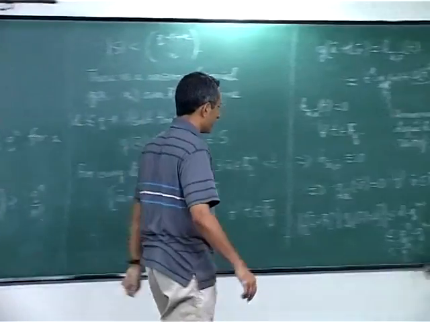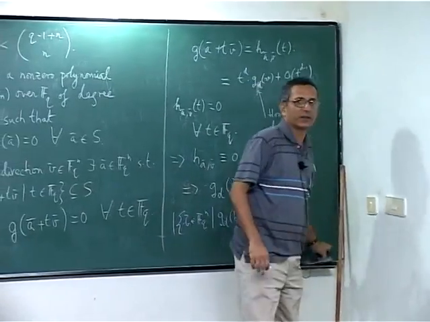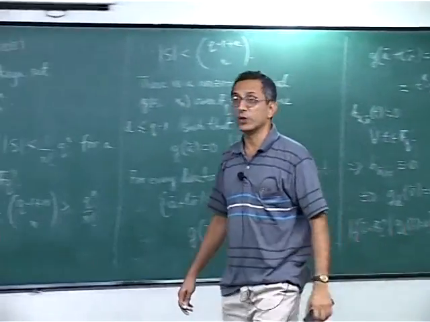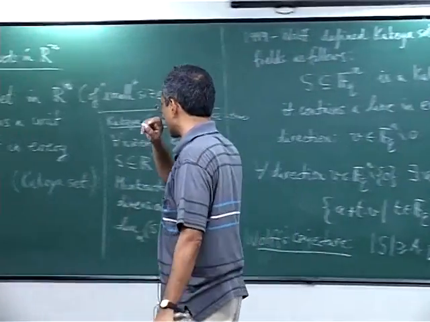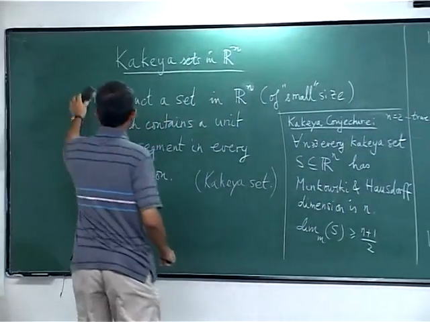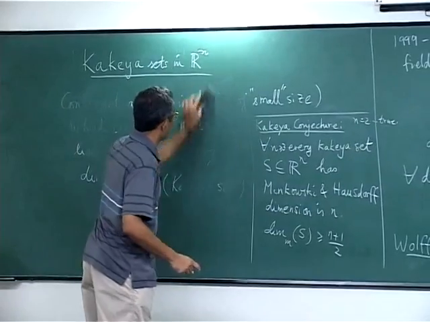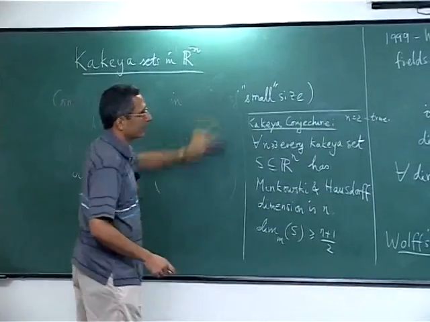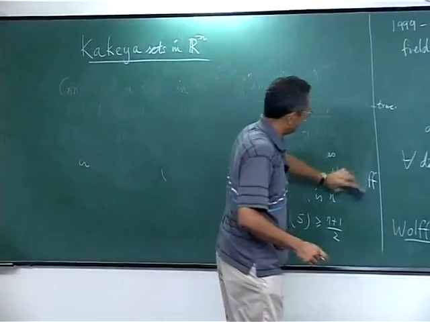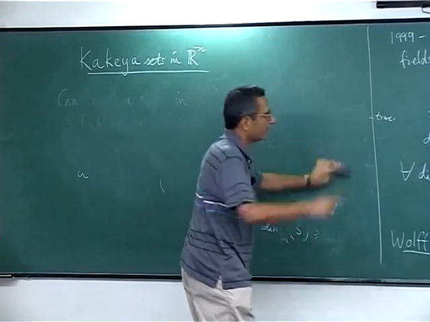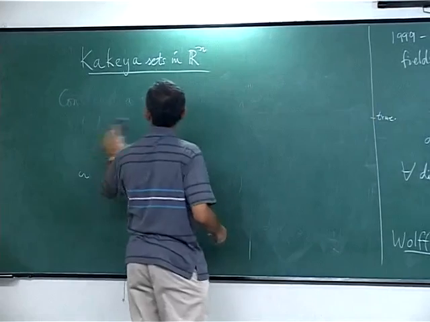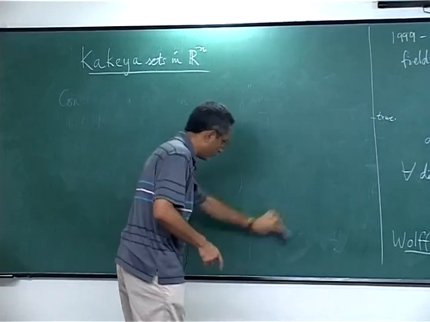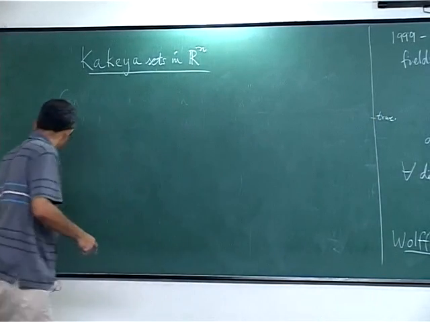Okay, so what kind of Kakeya sets can you construct in the finite fields case? I'll show you an interesting construction of Kakeya sets. Then we'll see that there is a gap between the solution of Dvir and the construction, and then see how to bridge the gap between the two.